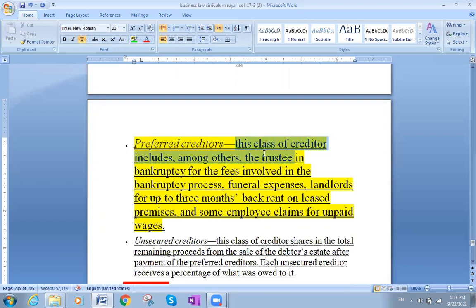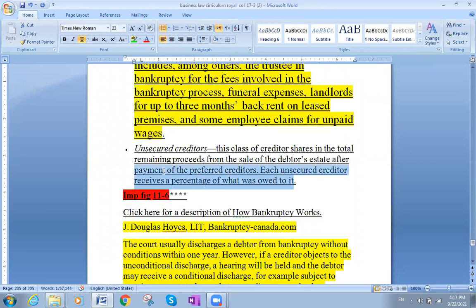This class includes, among others, the trustee in bankruptcy for the fees involved in the bankruptcy process, the funeral expenses, the landlords for up to 3 months of back rent on leased premises, and some employees' claims for unpaid wages.